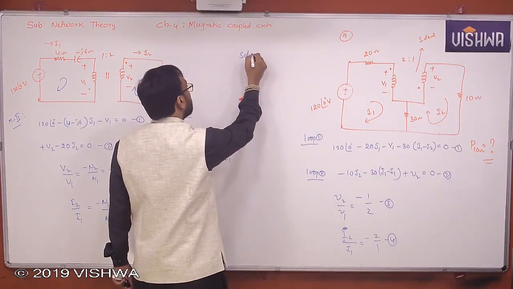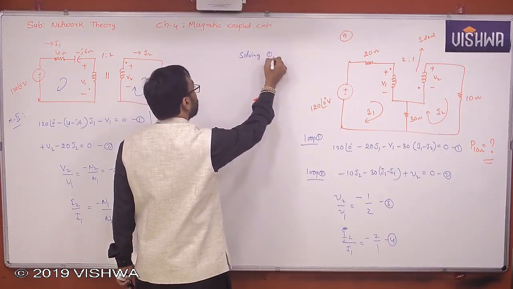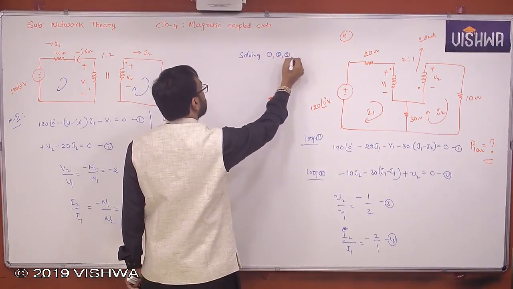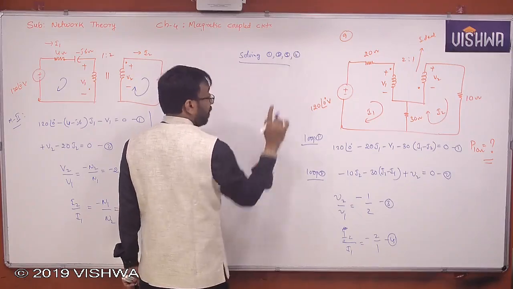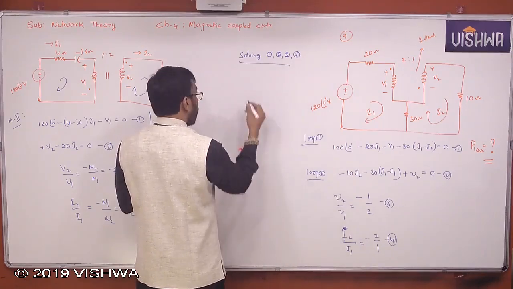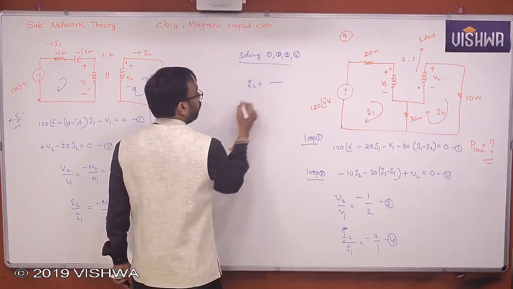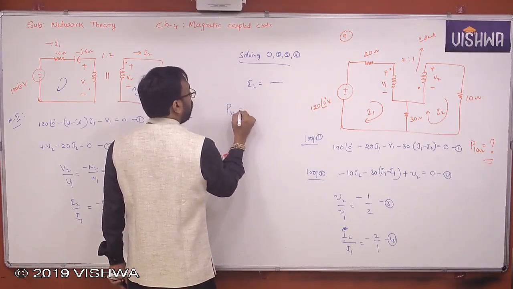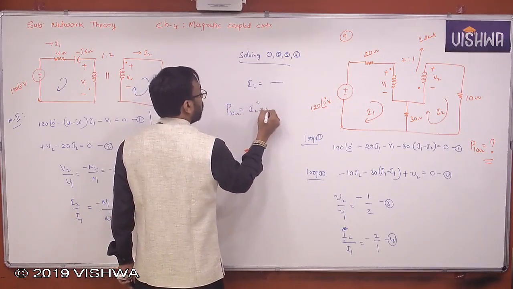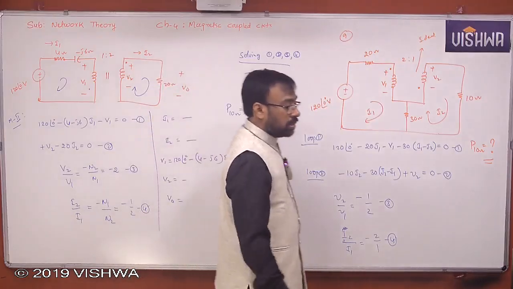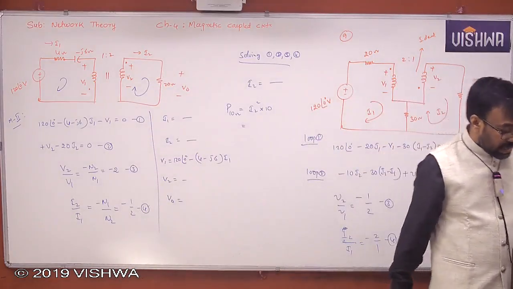Solving, I just directly give you. Please spend some time to solve these equations. Okay. Should not take much time, I'm telling you. So finally you find I2. Once you find I2, power of 10 ohm is nothing but I2 square into 10. That's it. So what is that value? I can give you that answer directly.